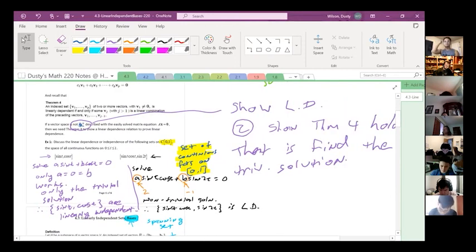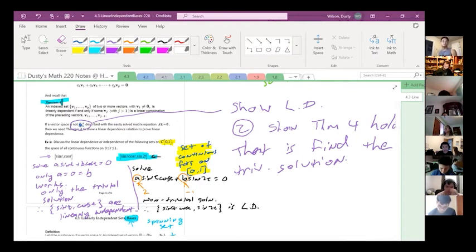Not only this, we could use this second example here to show what was going on in theorem 4. If you compare this one with theorem 4, we would be saying an index set of, in this case, v1 and v2, two or more vectors, we're good. v1 not equal 0, good, is linearly dependent if and only if one of the vectors is a linear combination of the preceding vectors.